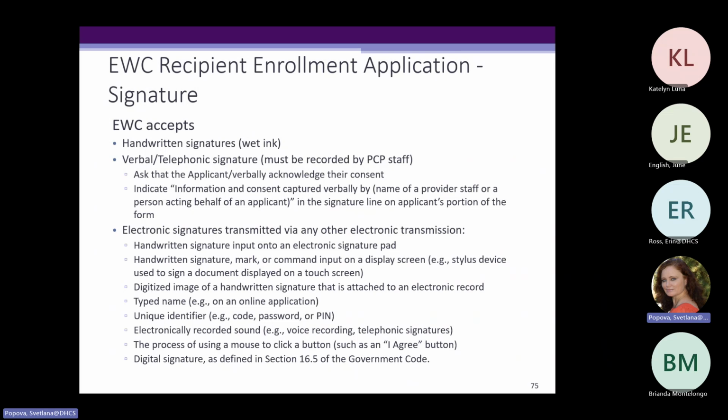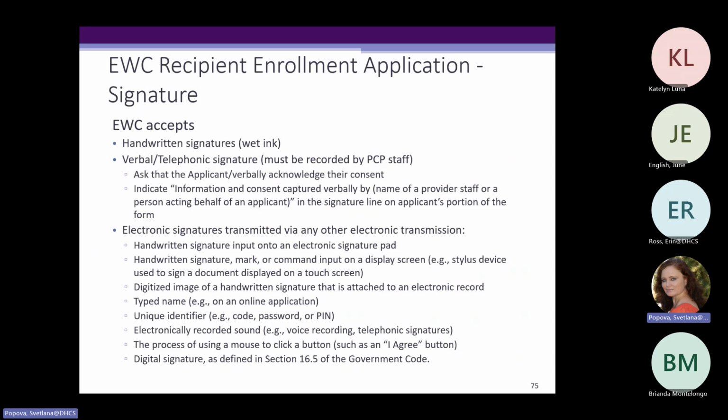Of course, a handwritten signature, or in other words wet ink, is still acceptable. And the other thing that has been instituted for some time is electronic signature. So electronic signature is acceptable, and many providers have transferred our application into the electronic system.